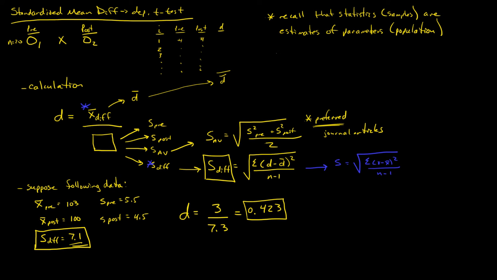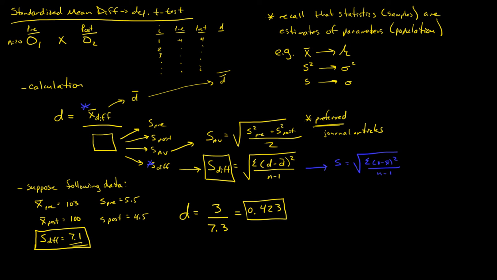So, by way of example, X bar was the point estimate for mu of the population, the sample variance S squared was the point estimate of the population variance sigma squared, and the sample standard deviation was the point estimate of sigma, the population standard deviation.